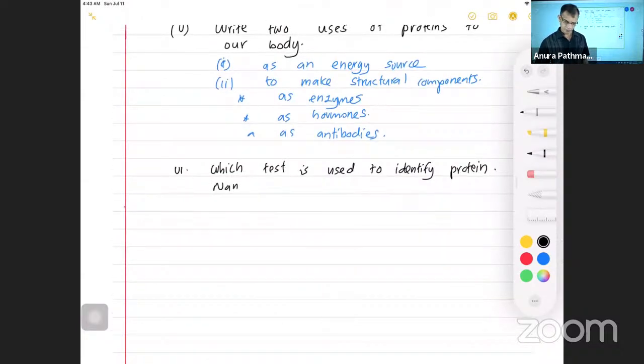Name two laboratory chemicals used in the above test.